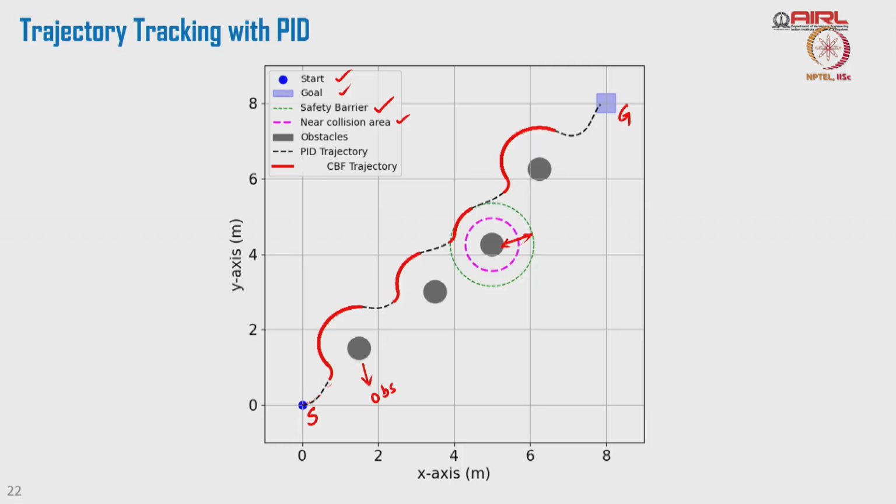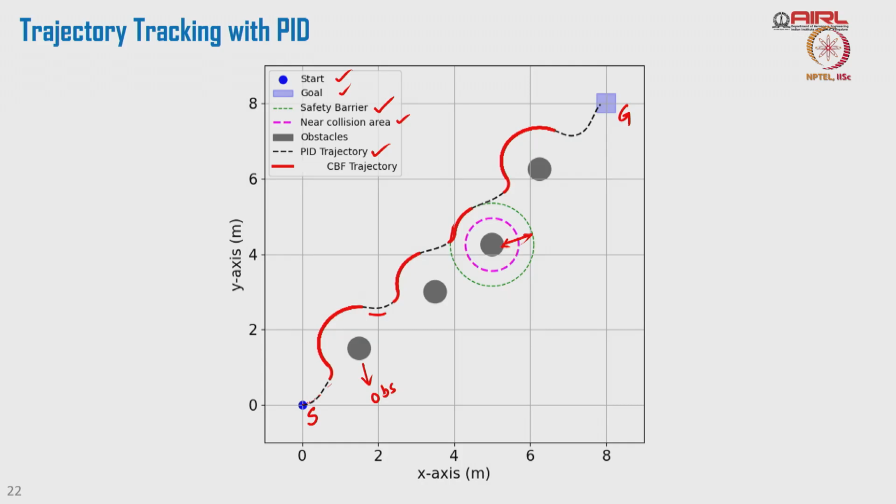So, first you see that these dotted trajectories here are the PID trajectories. And when it is going into the control barrier function motion, at that time it is trying to avoid this particular barrier as much as possible. So, what is happening here?